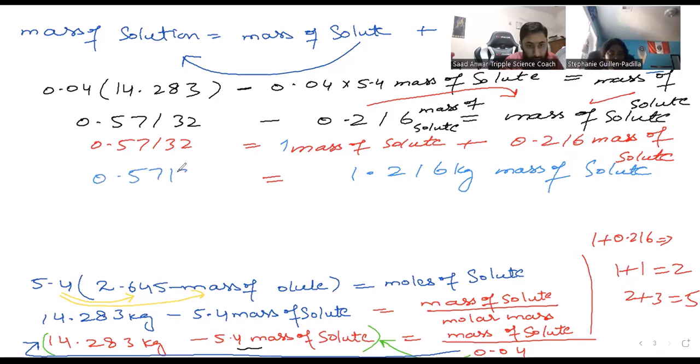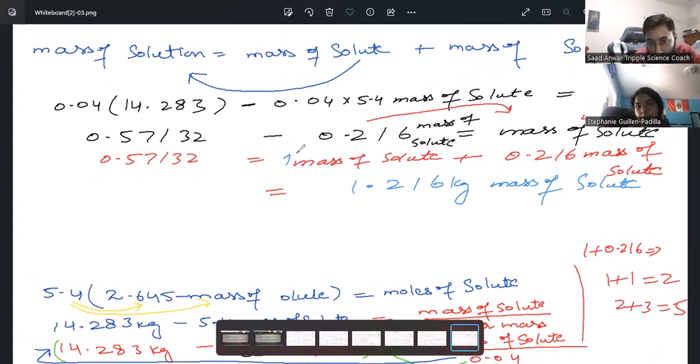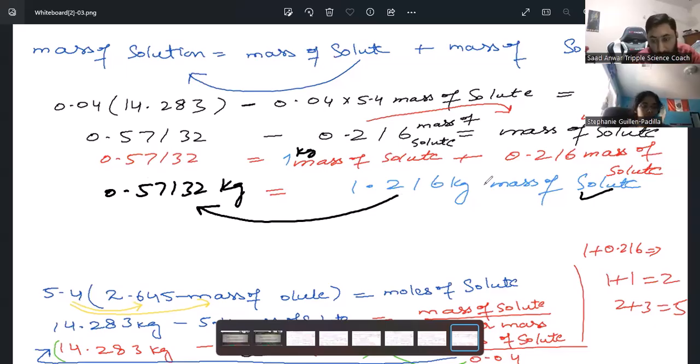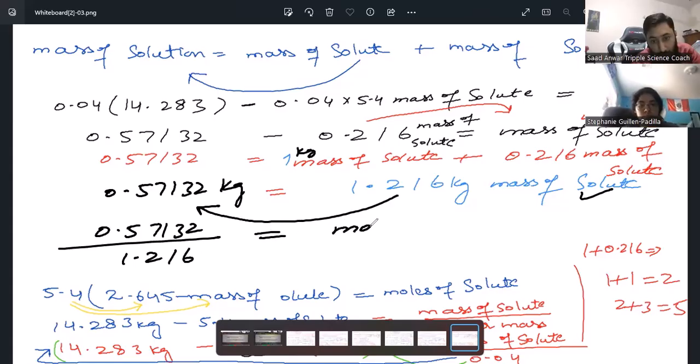There is 0.57132. One kilogram mass of solute plus 0.216 kilogram mass of solute, total 1.216 kilogram mass of solute. Here I have 0.57132 kilogram. I want mass of solute. The 1.216 kilogram is extra. I would take this to the other side. Here this is multiplying; when it goes to the other side, it would go in division. So 0.57132 divided by 1.216 gives you the mass of solute, which is sodium hydroxide.